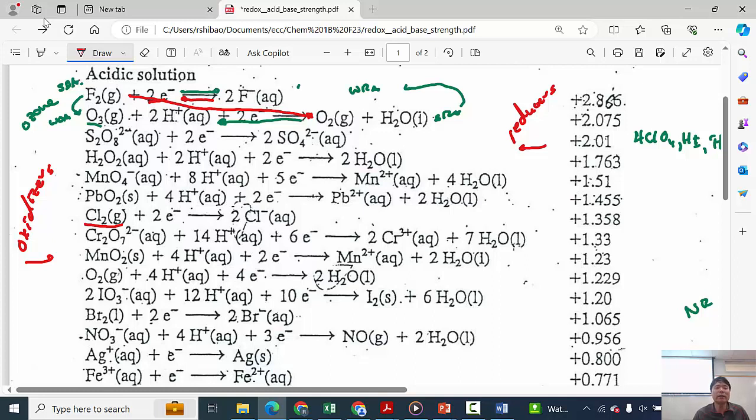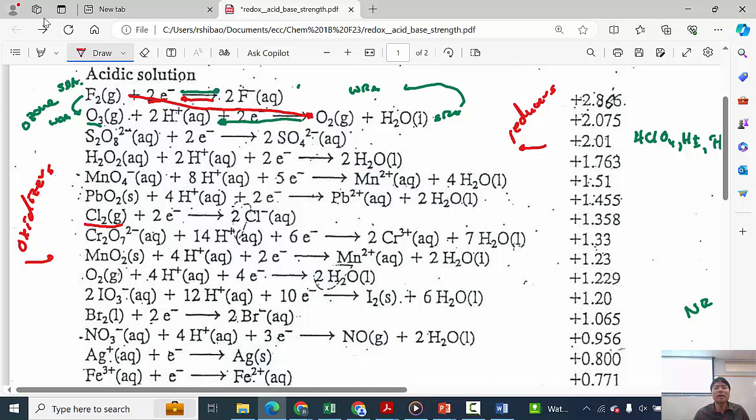Will chlorine oxidize oxygen? No, because that would be uphill. If chlorine oxidized oxygen, we'd form ozone, and ozone is a stronger oxidizer than chlorine. So there would be no driving force, and no reaction.